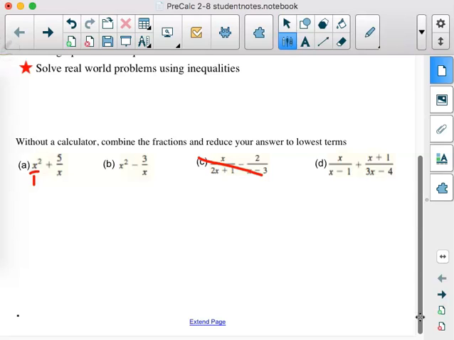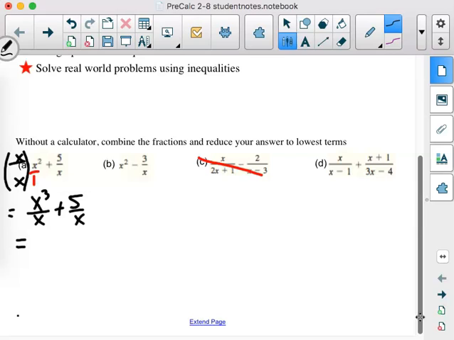And that would mean we will need to multiply that first fraction by x on the top and the bottom to get a common denominator. And that would be x cubed over x plus 5 over x.